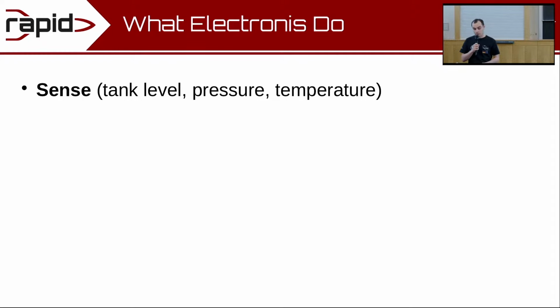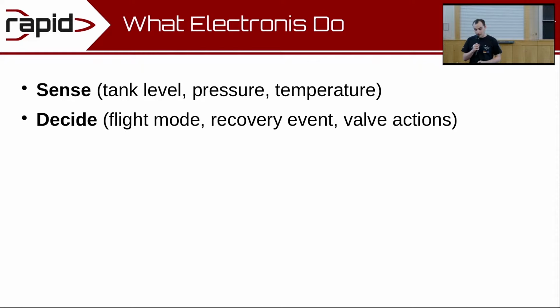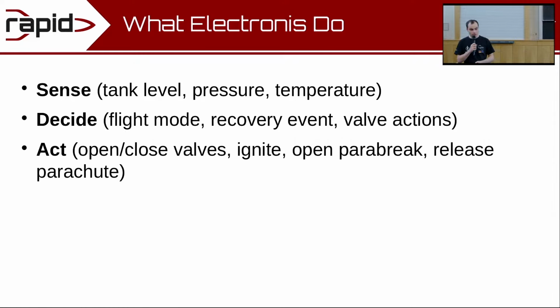We need to detect possible failure states of systems and shut down, and if there are failure states detected, for example, we need to act. We need to open close valves. We need to ignite the engine. If the launch command was sent, we need to open the parabrakes and release the parachute.